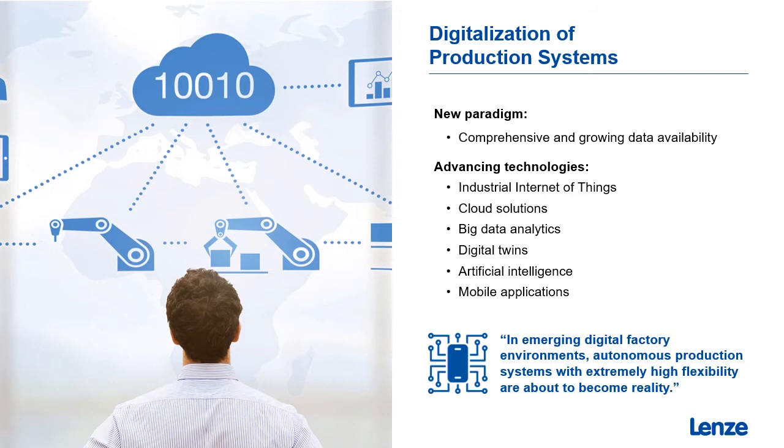So it's all going, on one side, into more standardized products and ways of building machines, but on the other side, building up a more flexible way of producing products and really going into a modular production system.